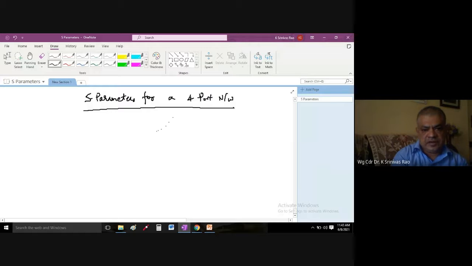As we know, the two-port network has two ports. Here in this case, we are having a four-port microwave network.